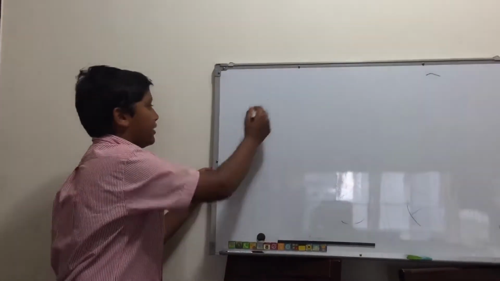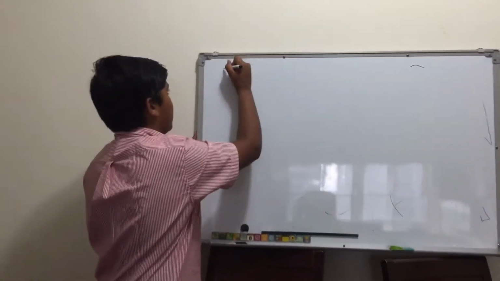So they had fractions, and fractions were written like this. So like 1.